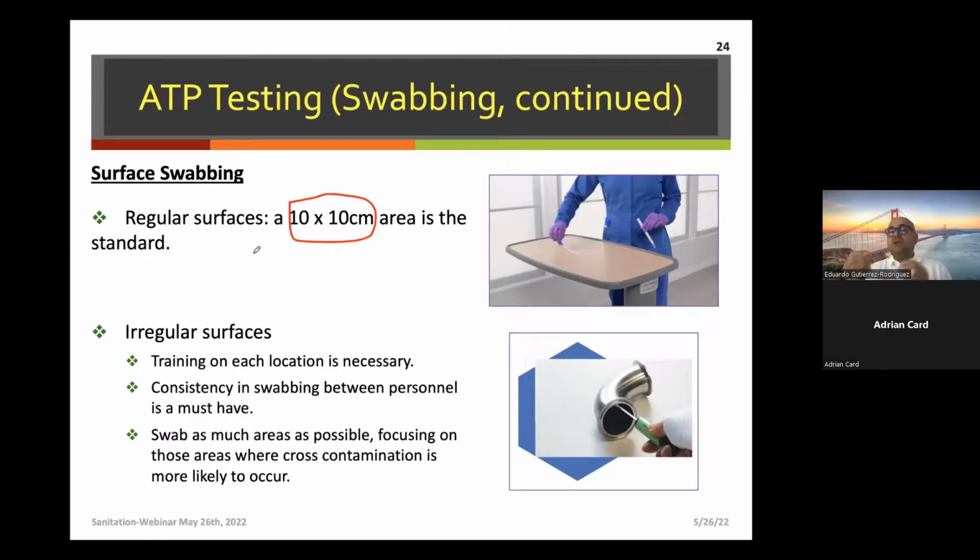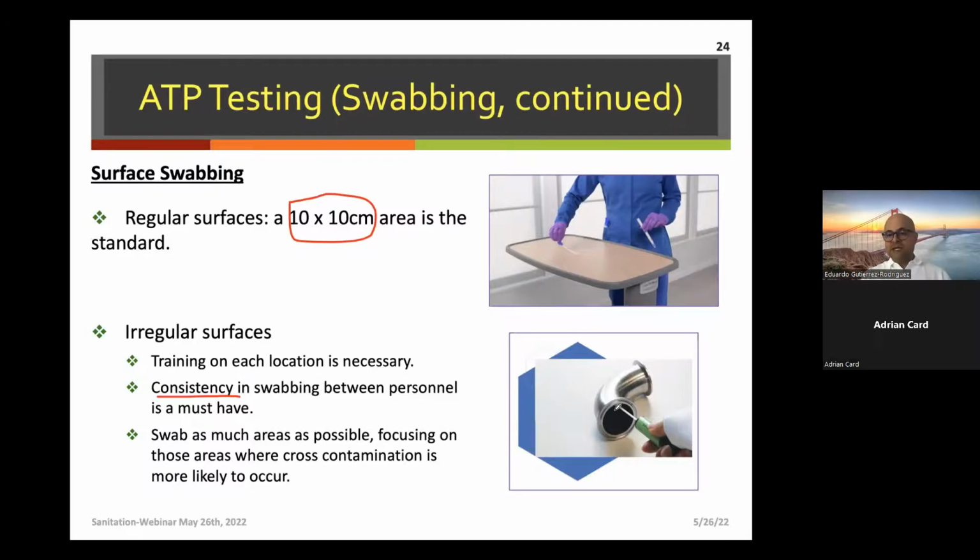So what you need to start with is basically trial and error, trying to make sure that the sanitation is going correctly, and at the same time that you're doing accurate swabbing of the area. You need to train everybody to make sure that there is consistency in swabbing, okay? And also try to prevent as much as possible cross-contamination between areas.